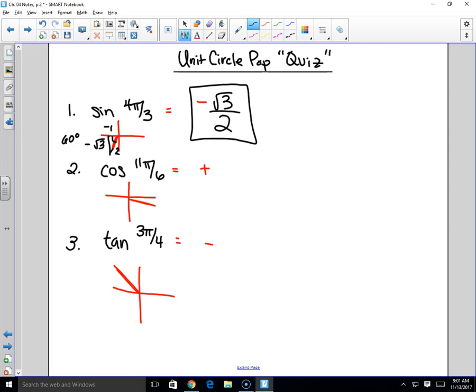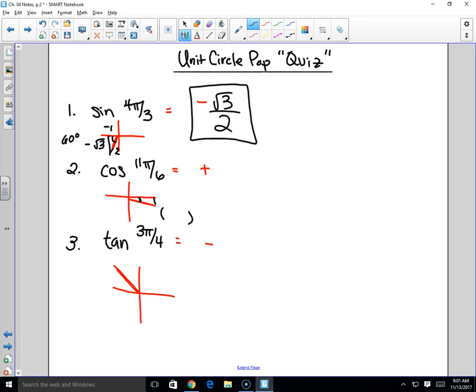For number 2, cosine. Another way of thinking about it, this is going to be a little piece. If I think about my triangle, cosine is adjacent, right? Or the x value of my ordered pair. Well, I go over a lot, and I go down a little.